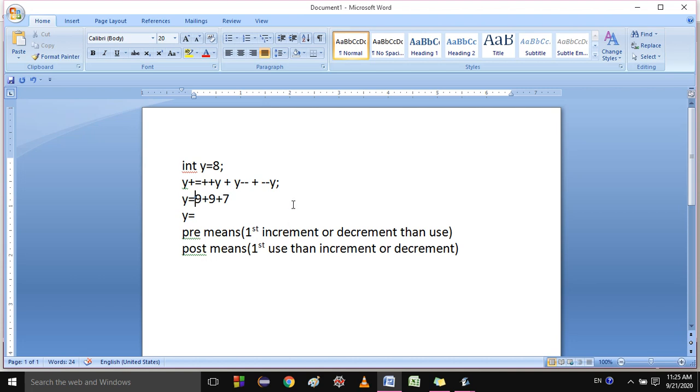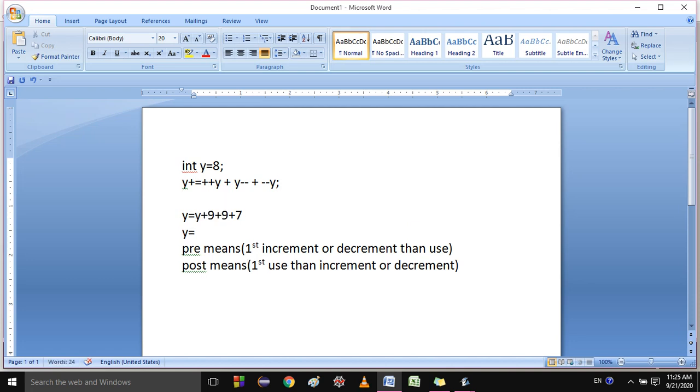So this means y = y + (the expression), that is y = y + ++y + y-- + --y. So this is the meaning of y += this one, a compact or shorthand notation.